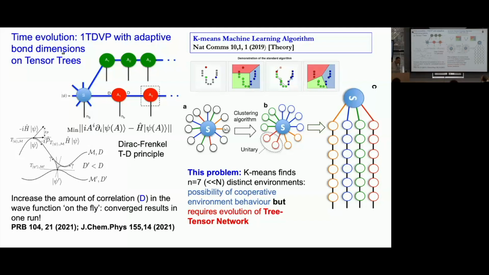We like one-site TDVP for this because we're dealing with tensors where the local Hilbert space can be large. They're harmonic oscillators, and so we get a useful speed up by dealing with a one-site problem because this is essentially linear scaling in D. When you go to two sites or other things, it gives D squared.